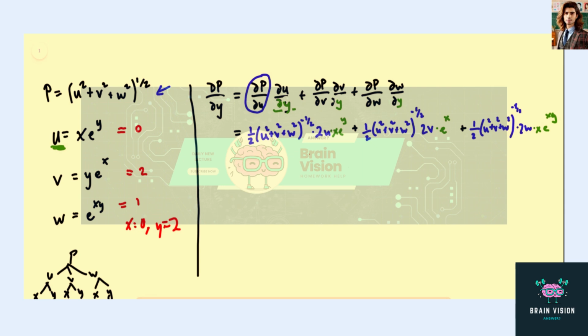Okay, and once again, we plug in, but we're used to this. So 1/2, the middle of the parentheses is 5, as it was before, times 2. u is 0 like it was before, so again, whatever that is, this whole thing is going to be 0. You don't have to worry about it. All right, plus 1/2, 5 again. Let's see, 2v was 2, e to the x is e to the 0, so that'll be 1.